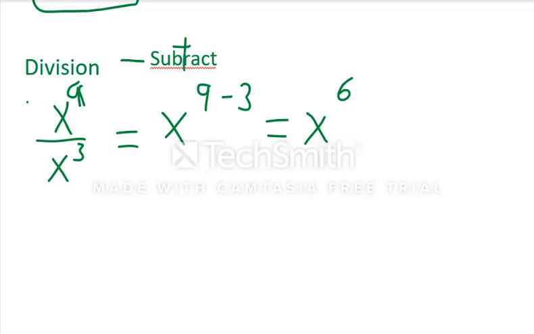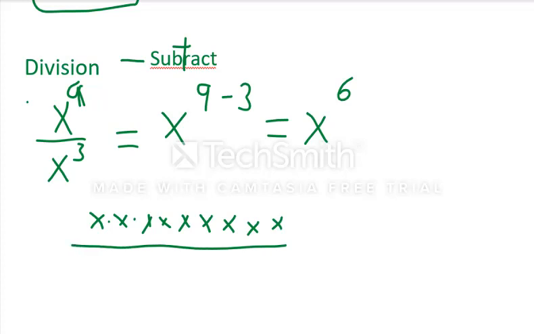Another way that you could look at that, you can see why this works. If we write out what this is, x to the 9th power, that's the same as x times x times x, 4, 5, 6, 7, 8, 9.